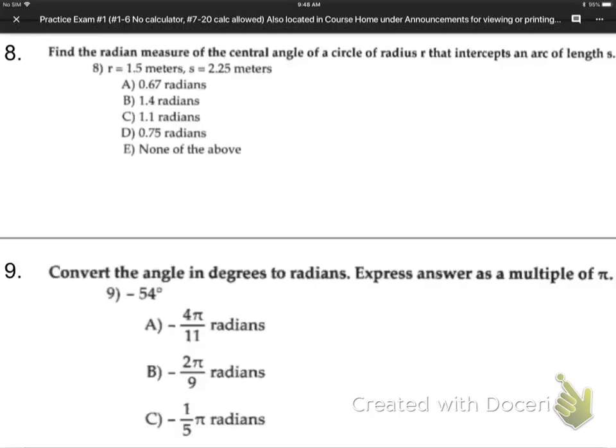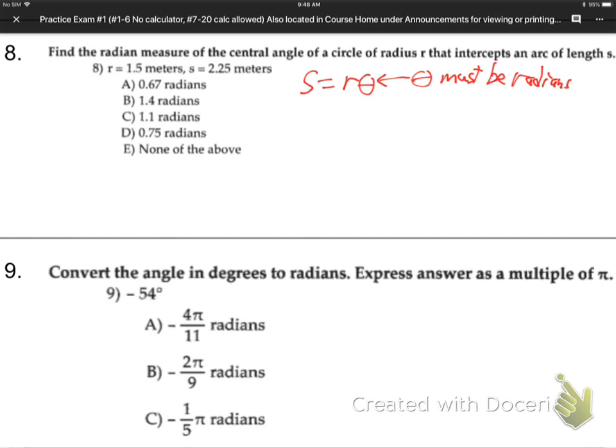All right. Okay, so they're telling me R is 1.5, S is 2.25. So you want to have the formula on your 3x5 card. And what formula is that? S equals R theta. And I hope you have a little note by that, pointing to theta and saying theta must be what? Radians, not degrees.